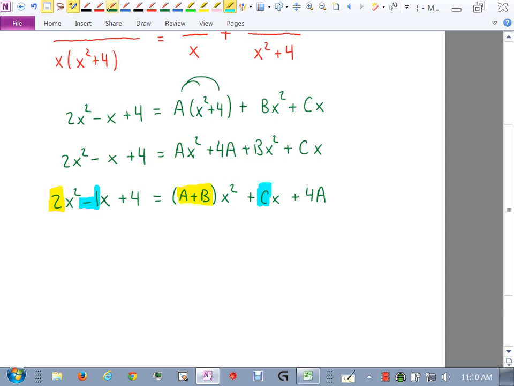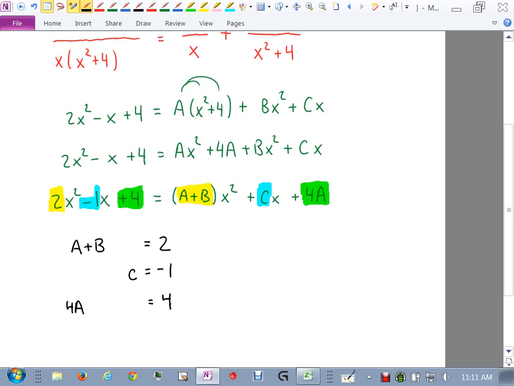Also, I know that the plus 4 must match up with this constant over here, which means I know what A is, don't I? So I'm going to write those three equations down. I have A plus B must be 2. I have that C must be negative 1, and I have 4A must be 4.